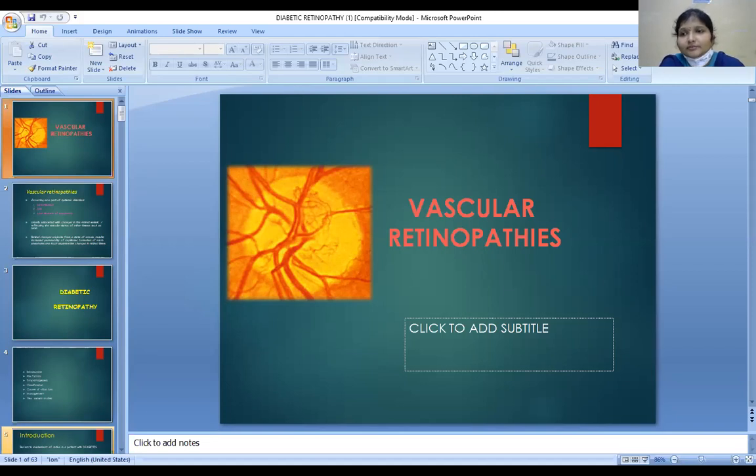Okay. Cattle truck phenomenon is seen in which disease? In which retinopathy? Cattle truck phenomenon.